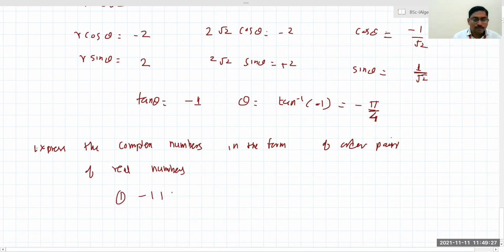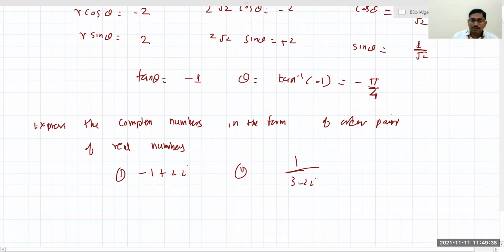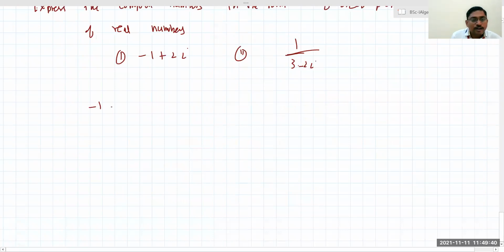One is minus 1 plus 2i. Second is... It is not asked in the standard form, just order pair. So for example, I am writing for first. What is order pair form of this? Minus 1 plus 2i. Its order pair x coordinate is minus 1 and y coordinate is 2.